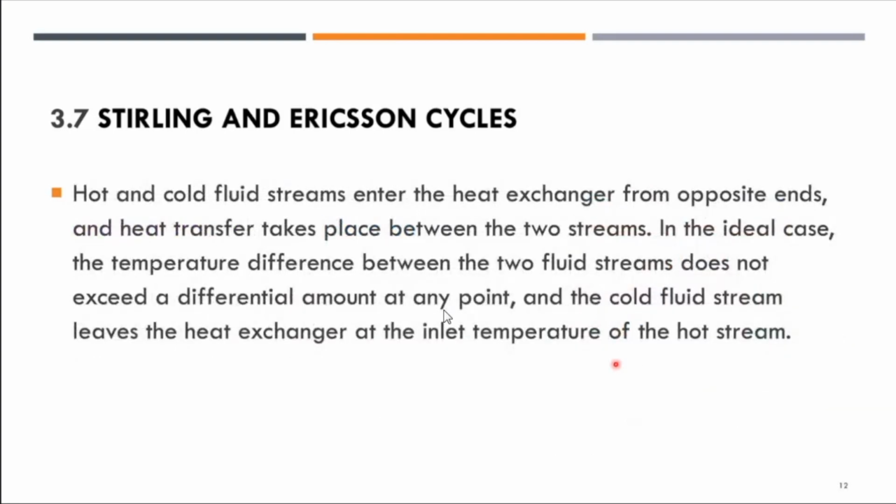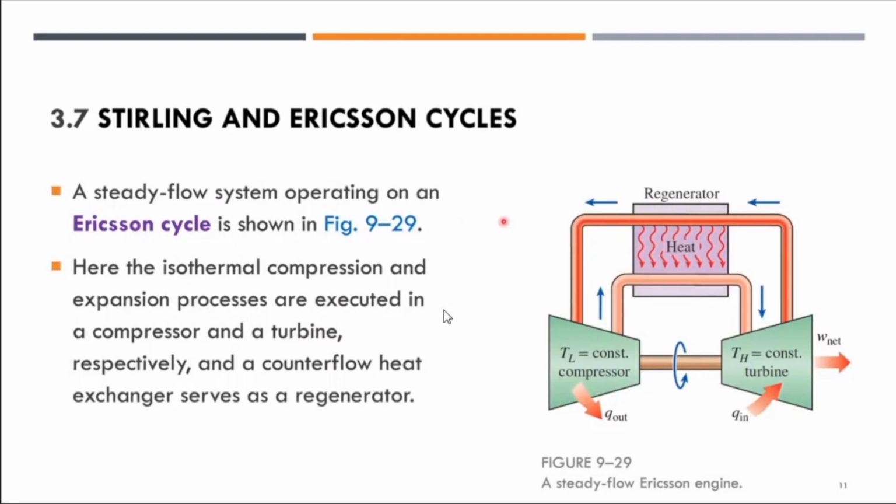So what happens is that the hot and cold fluid streams enter the heat exchanger from opposite ends, as we have shown in the earlier figure, and heat transfer takes place between the two streams. You can see back here the heat being generated from the regenerator, and heat being transferred to and from the system.